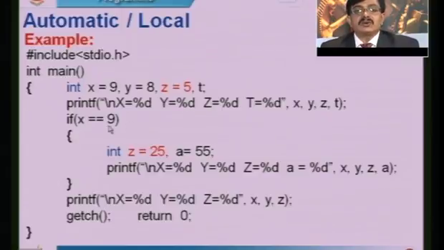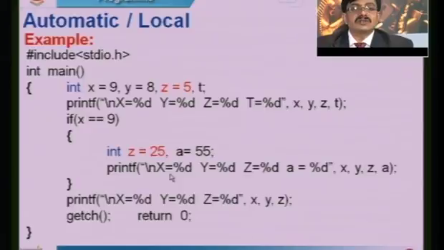Now, if x is equal to 9, as the condition is true, I have opened the block here. When I am opening a block here, I am again declaring variables called int z and a. This is not an error. This z is in the main block, whereas this z is within the if block. Now I am printing the values of x, y, z again.